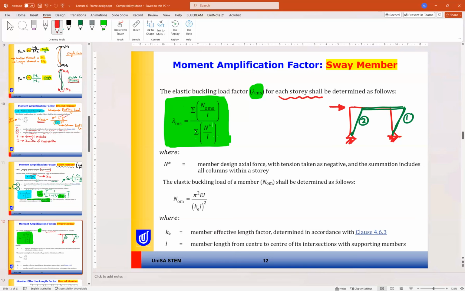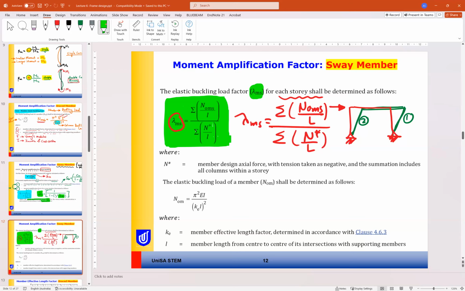That's why the formula is lambda ms equal to summation Noms divided by L, divided by summation N asterisk divided by L. So this is our formula.